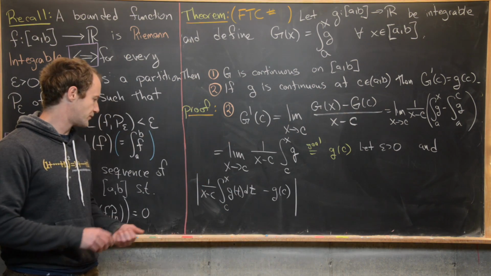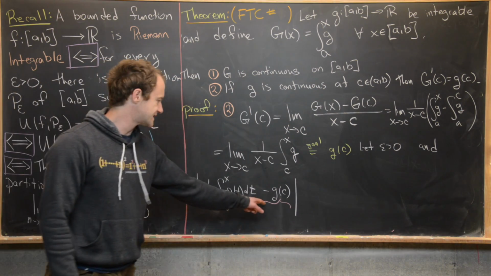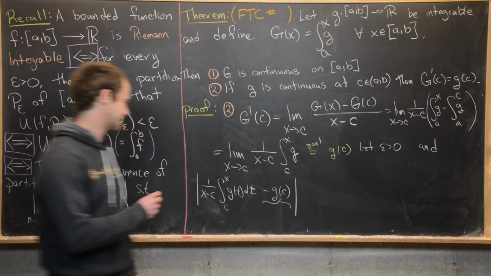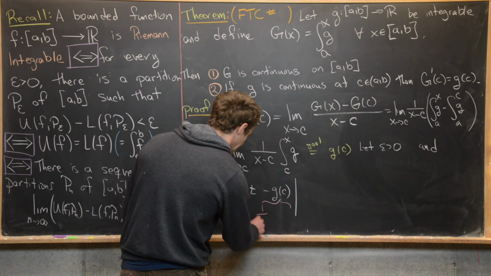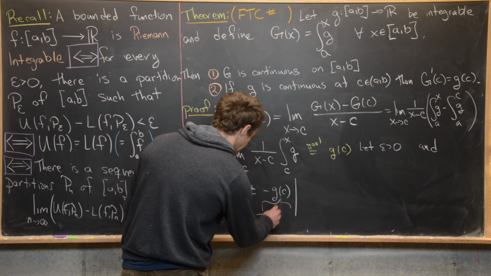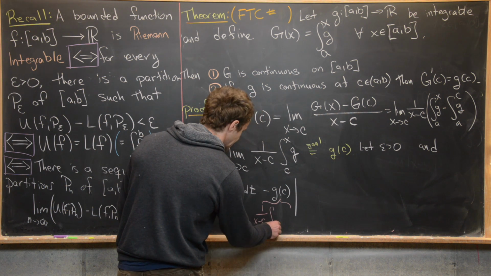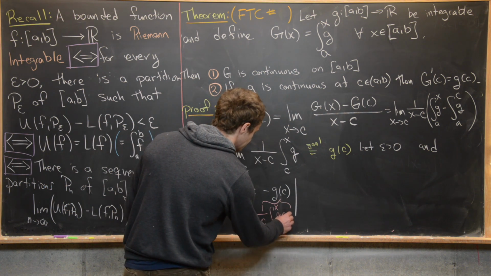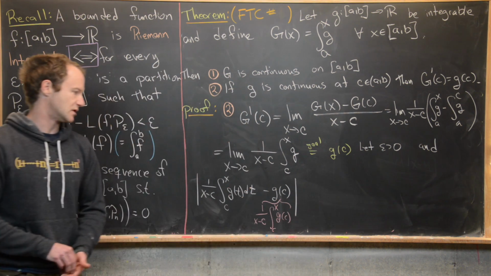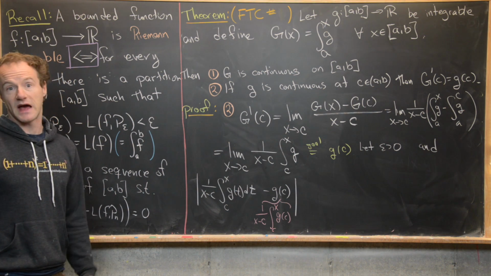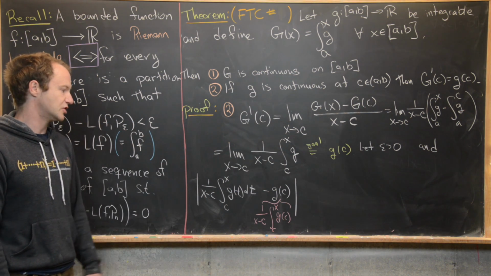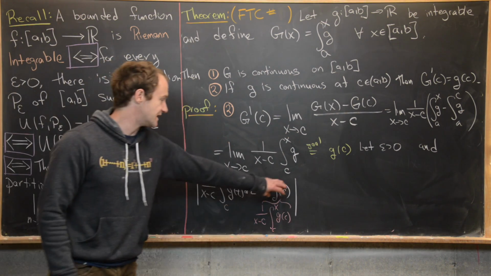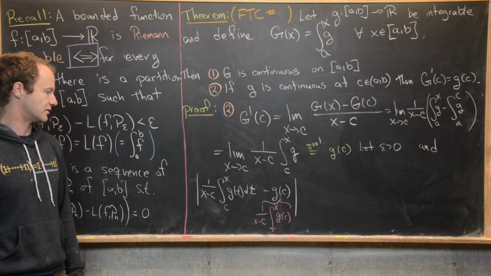Now we're going to start putting this together. I can multiply and divide by x minus c: I keep the 1 over x minus c, and I change g of c into the integral from c to x of g of c, which is equivalent to multiplying and dividing by x minus c. That allows us to push it together into an integral, whereas this g of c was outside of the integral before.